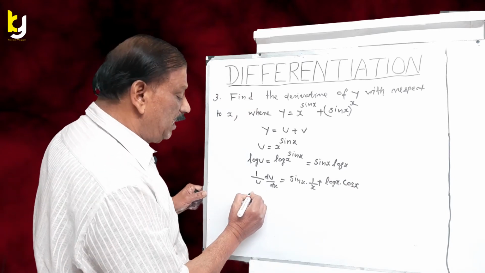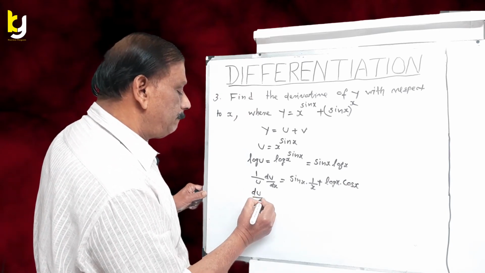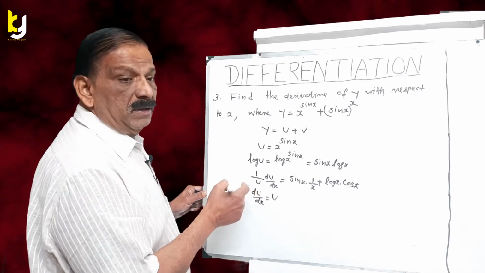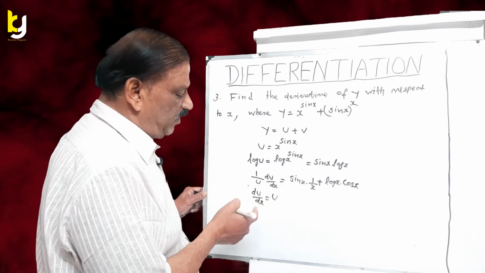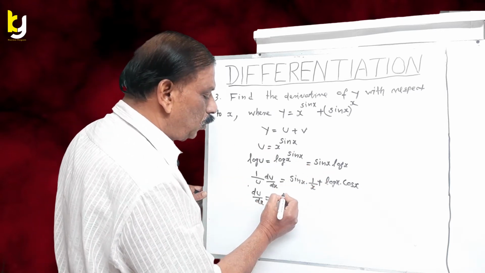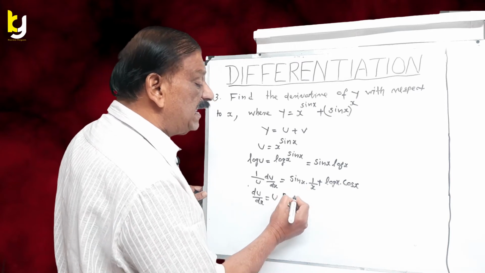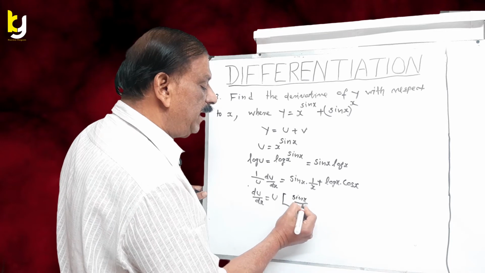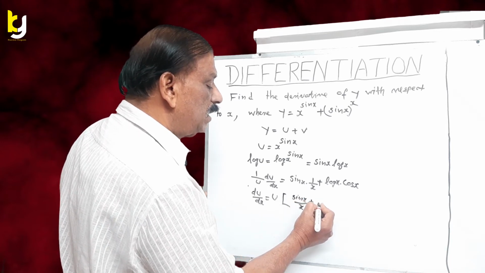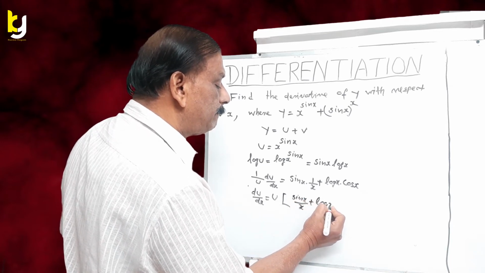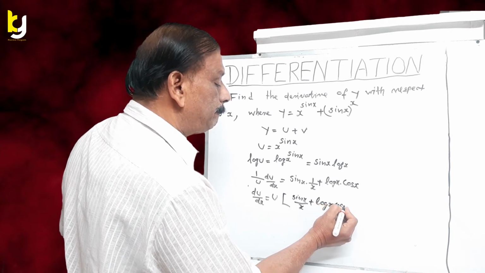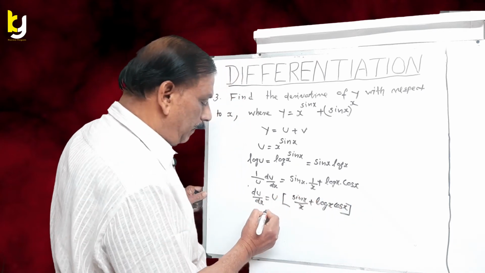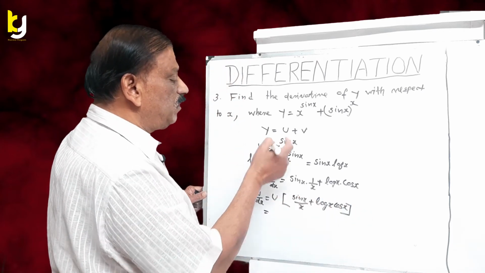Therefore, du by dx equal u into, bring u to the right hand side. So u into sin x into 1 by x, that is sin x by x, plus log x cos x, that is equal to, u is x to the power of sin x.